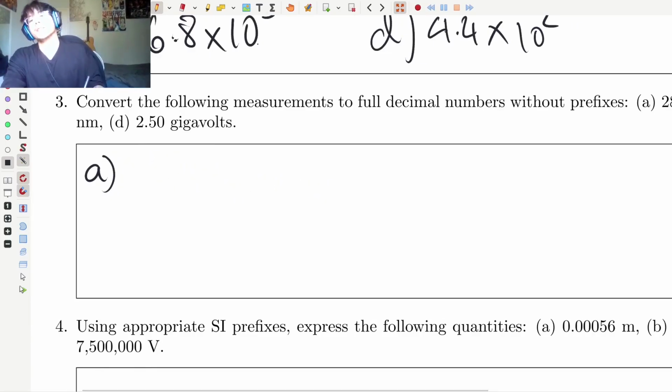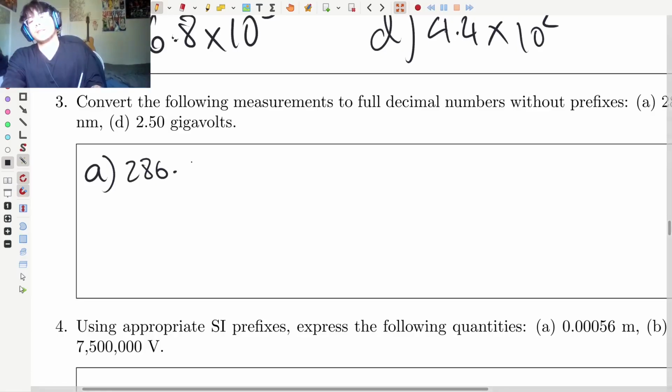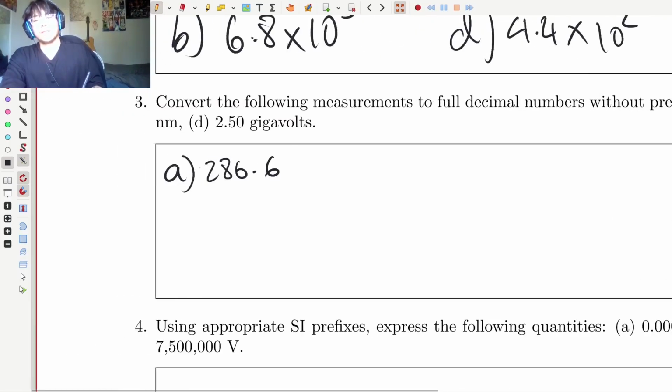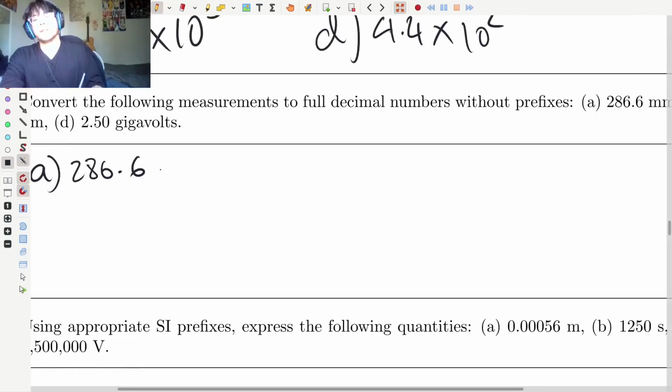Now what we know is that there is 10 to the minus 1, so there are 10 millimeters in a centimeter, so going from millimeters to centimeters means that we're dividing it by 10, and then we have to do it another 10 to the minus 2, so that just means that there is 100 centimeters in a meter.